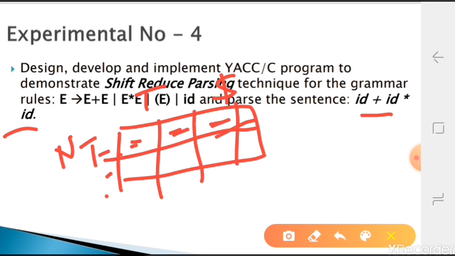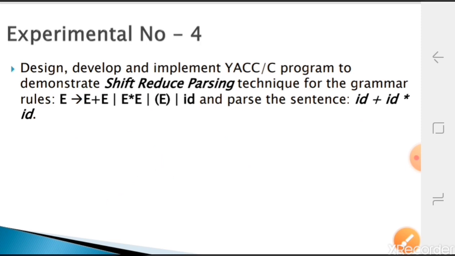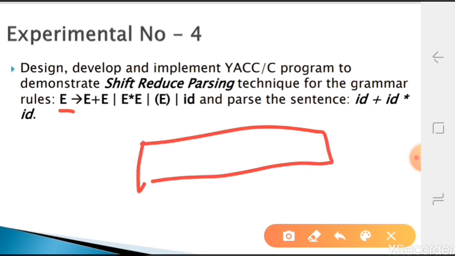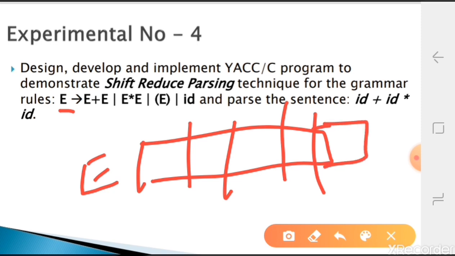But if you look at this program, in this grammar we have only one non-terminal, that is E. So instead of writing the complete parse table with only one row E, and the remaining columns as terminals, we'll directly write a program which does the parsing of the string.